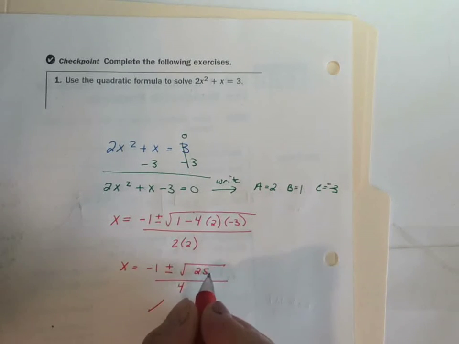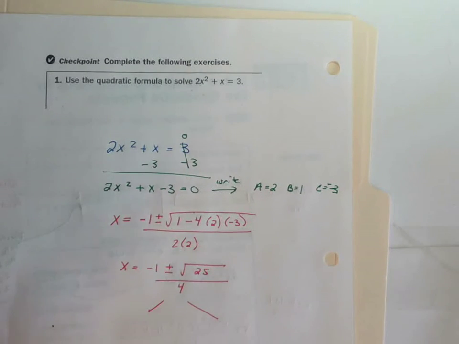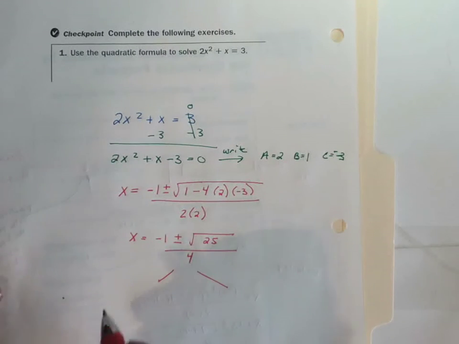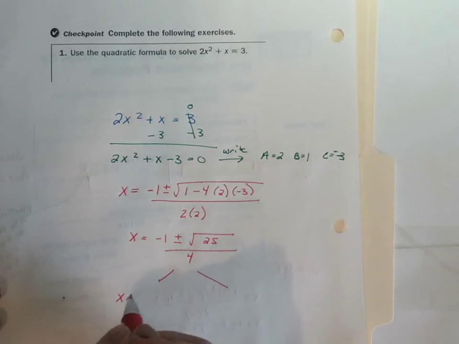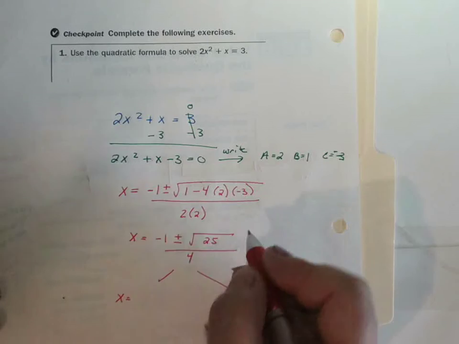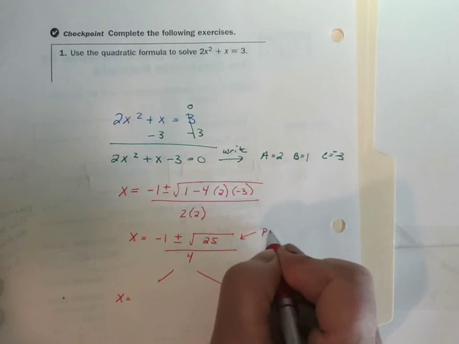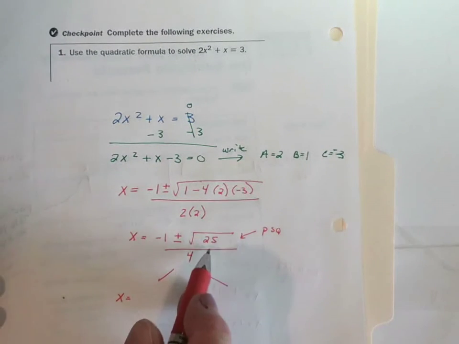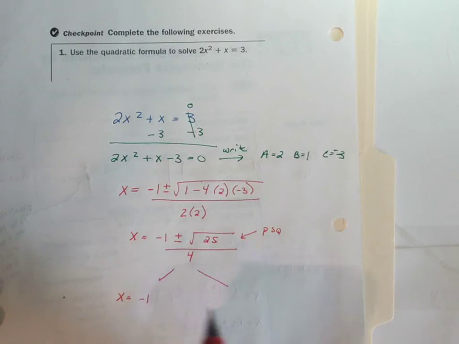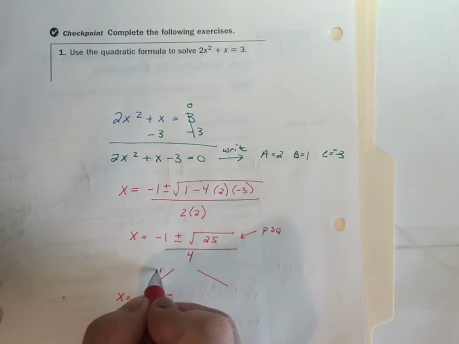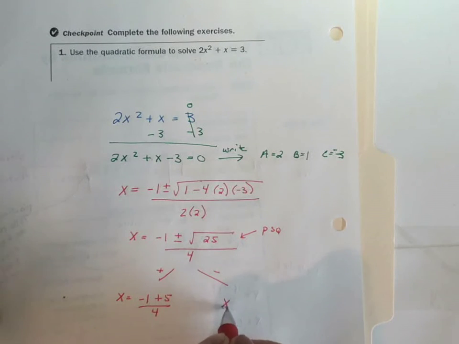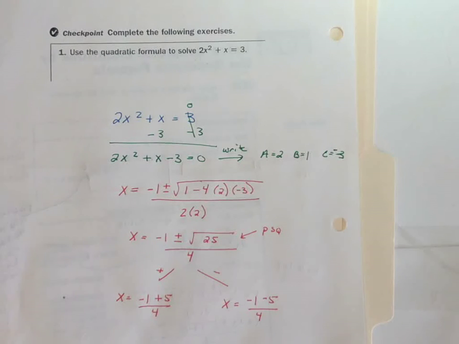And now that's a perfect square. So you're going to get X equals -1 plus 5 divided by 4. So that's the positive side. The negative side is X equals -1 minus 5 divided by 4.